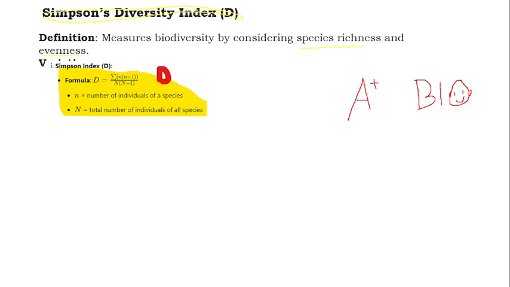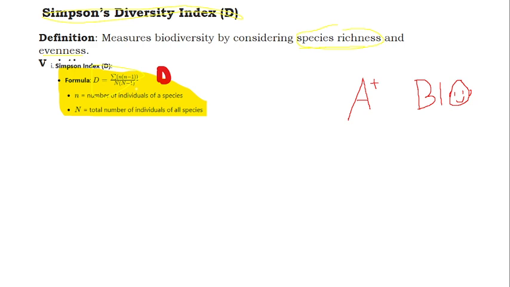Species richness is the number of species in the ecosystem. Species evenness is the number of organisms among the species, meaning how many organisms in each species. How many species do we have in the ecosystem is the richness.